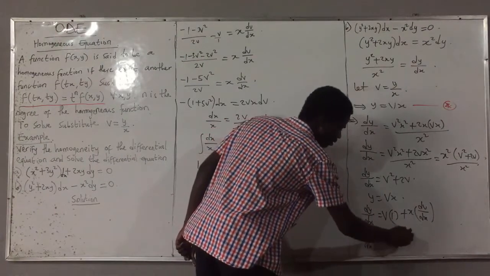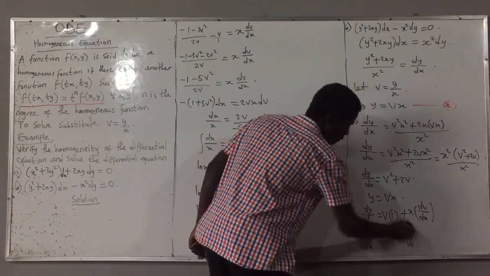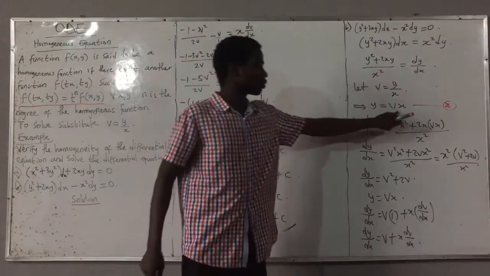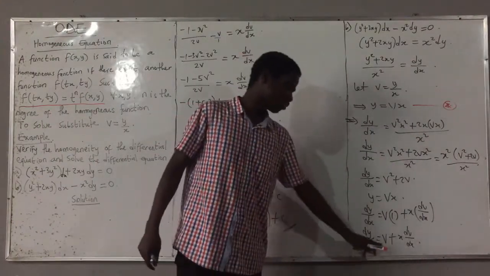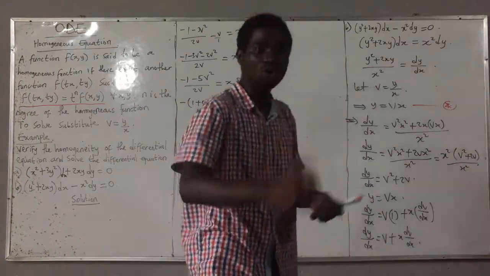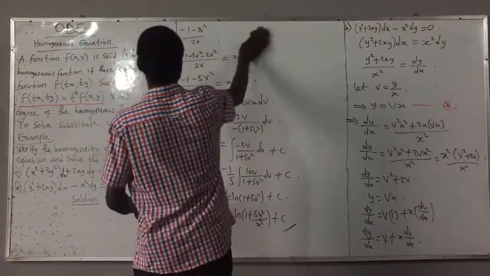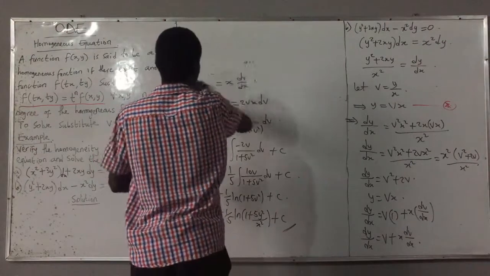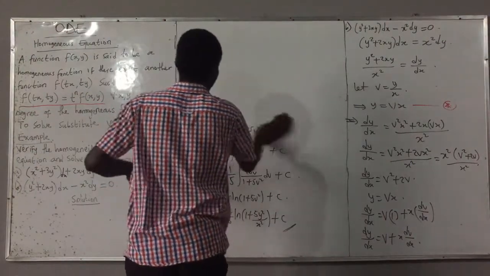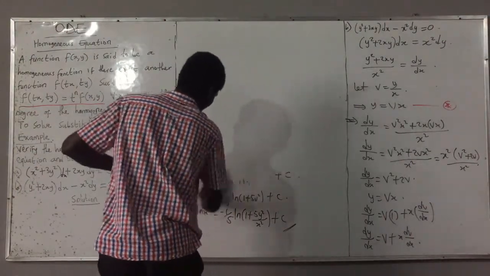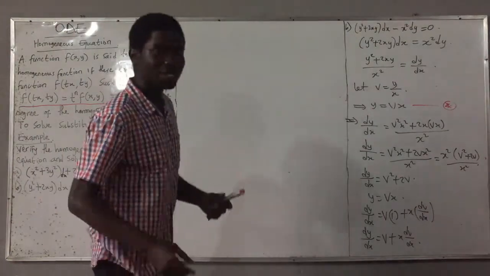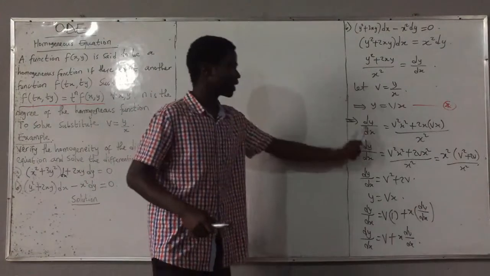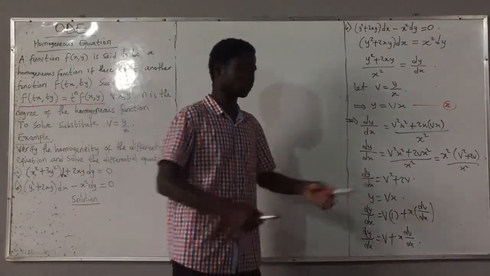Whenever you've gotten to this place and you want to differentiate, this is the answer. This is always the answer. dy/dx equals v plus x dv/dx. It is always the answer. Do you understand? Now dy/dx is equal to this.